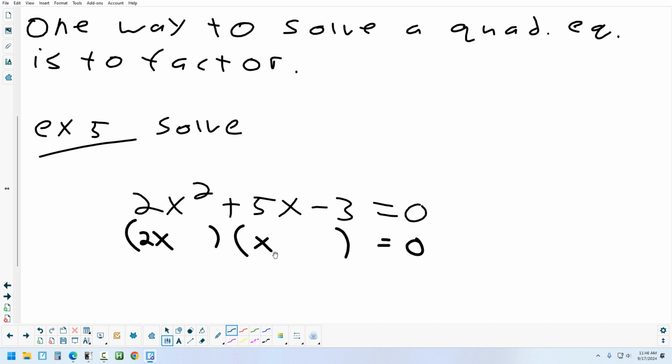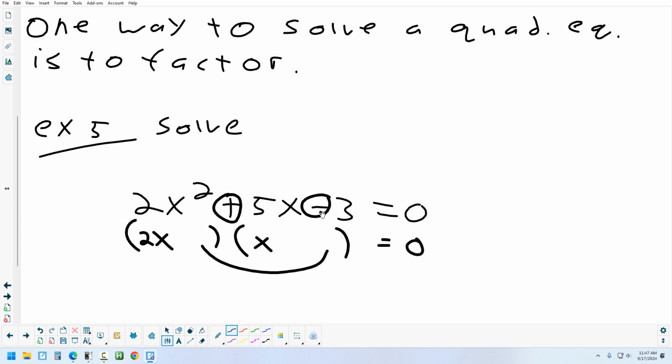Okay, next thing is we need our signs. We have a positive middle and a negative constant, plus and a minus. What does that mean my signs are going to be in the factor? 2 negatives. Well, if they were 2 negatives, then when you multiply negative times a negative, you'd get a positive right there. So it can't be 2 negatives.